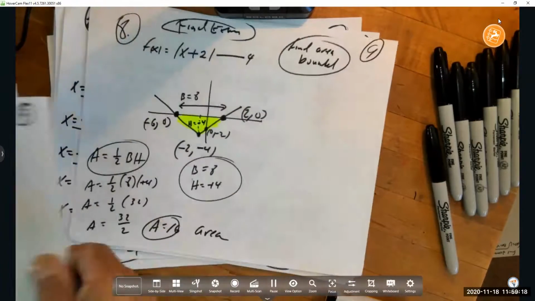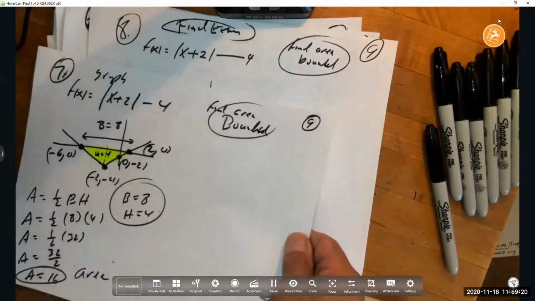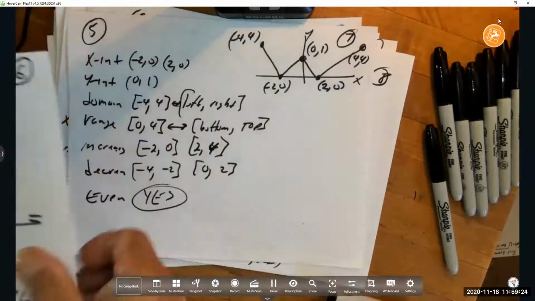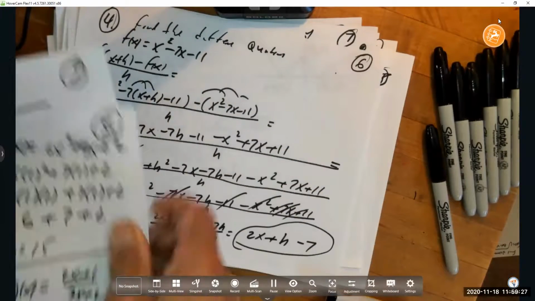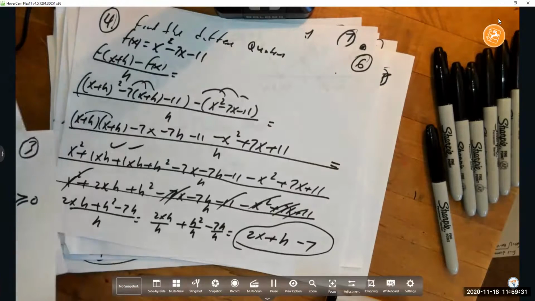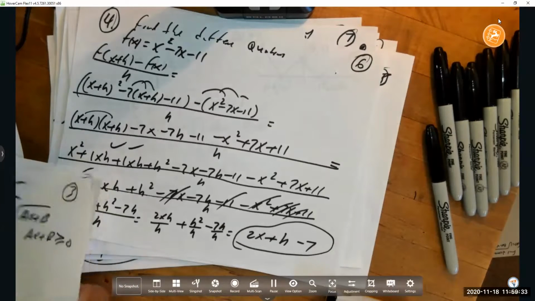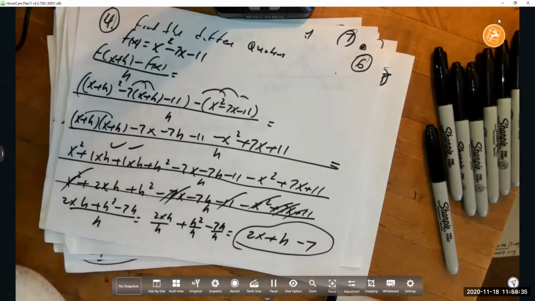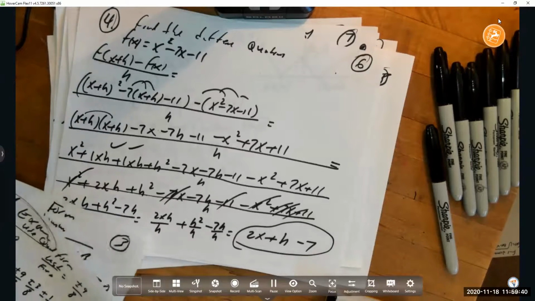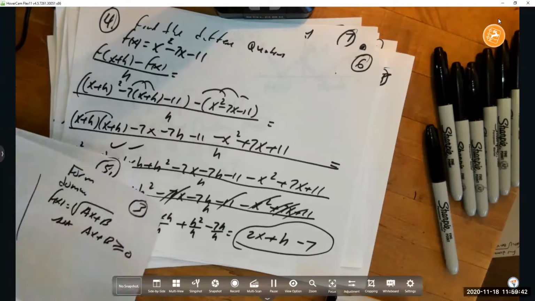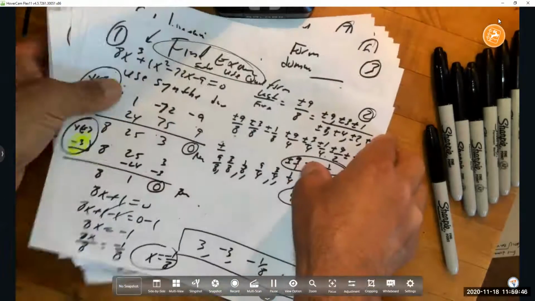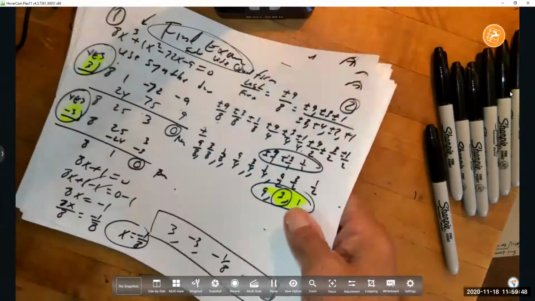Page 9. Let's got some page missing here. 1, 2, 3. One page right there.